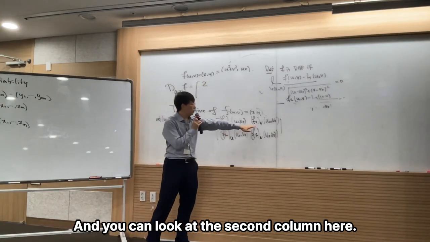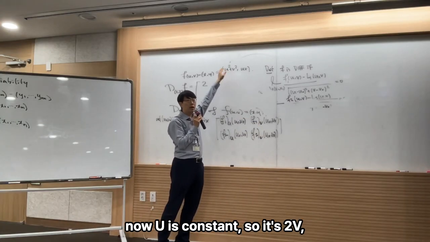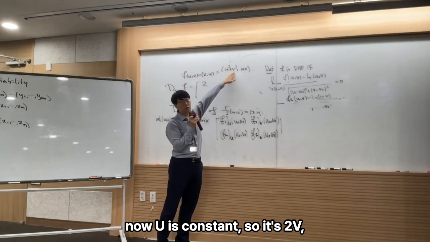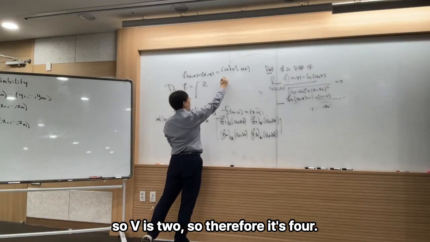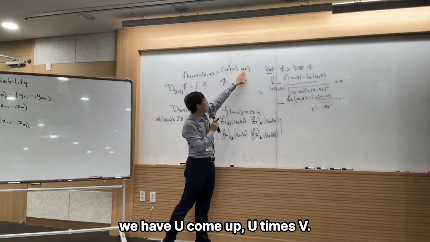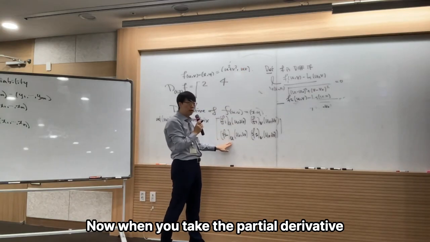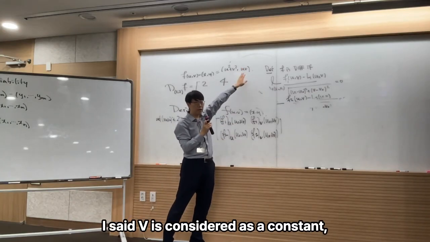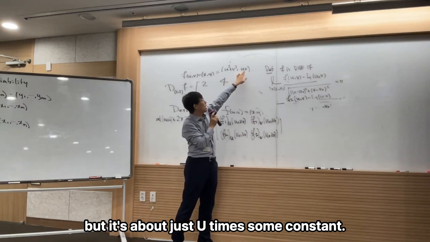And look at the second column here. You take the derivative in terms of v. Now u is constant, so it's 2v. So v is 2, therefore it's 4. And how about the second function? We have u times v. When you take the partial derivative in terms of u, v is considered a constant, so it's just u times some constant.